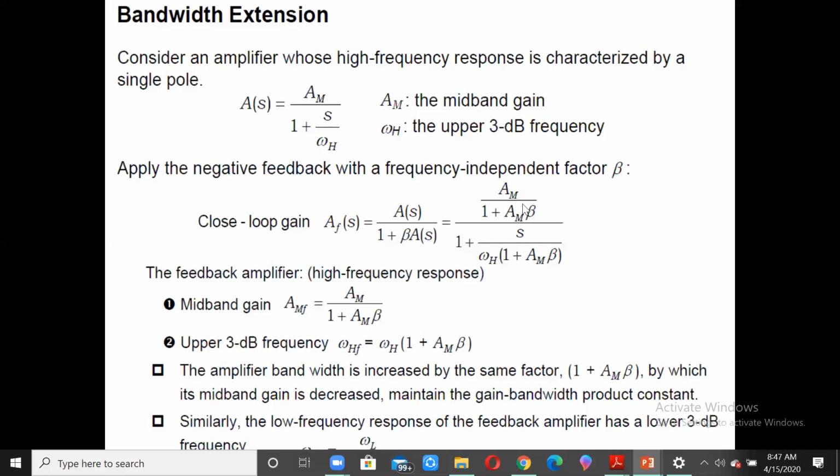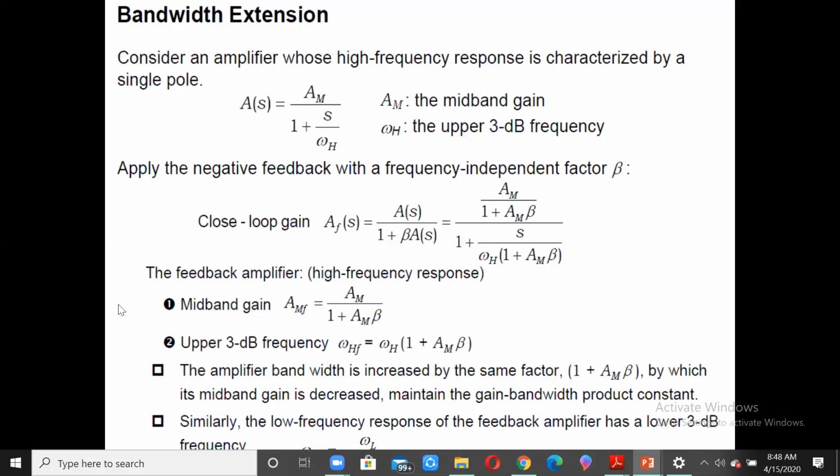Then we get the midband gain value after the feedback. Also, in place of omega h, we have here omega h into 1 plus AM beta. That means the 3 dB cutoff frequency is increased by the factor 1 plus AM beta.